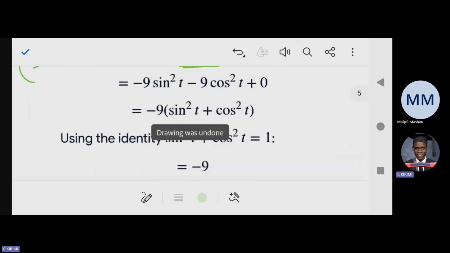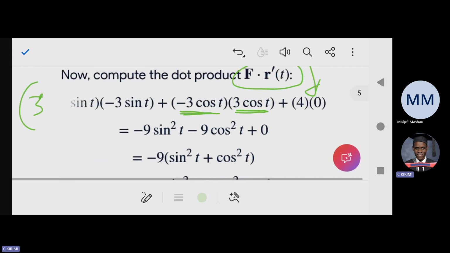We are going to get sine squared t plus cos squared t, which is equal to 1. So you simplify. Since we know that identity, the answer there is negative 9 times 1. So what is it that we are evaluating?